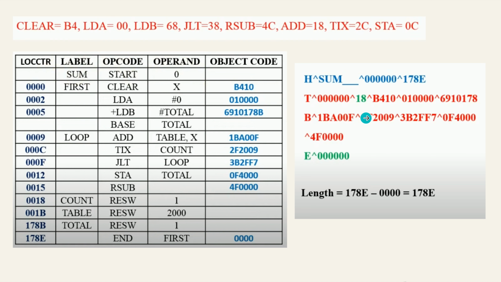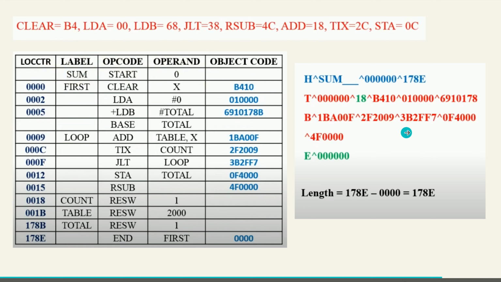Then the next column starts from column 10 to column 69. However many entries are possible till column 69, that many entries we can write for one text record. That is the meaning of that. It contains the object code represented in hexadecimal format. All the corresponding object codes that we obtained after our calculation will be entered over here.